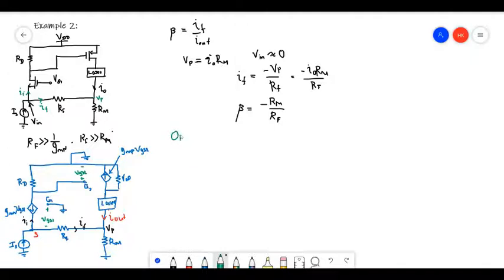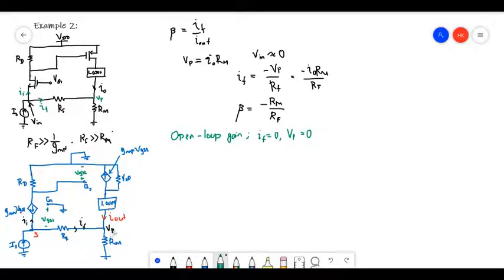So IF will be 0, and I have to ground this point, so VP will also be 0. Even if I don't ground this, since this resistance is small, I can consider this point's voltage to be 0.